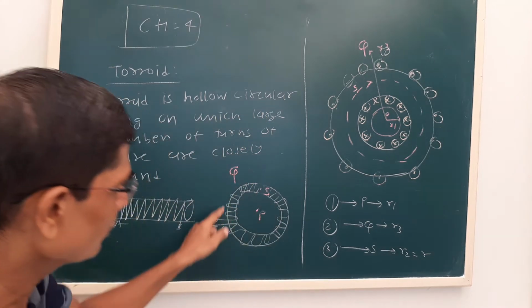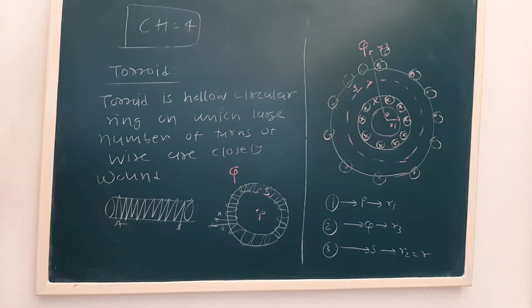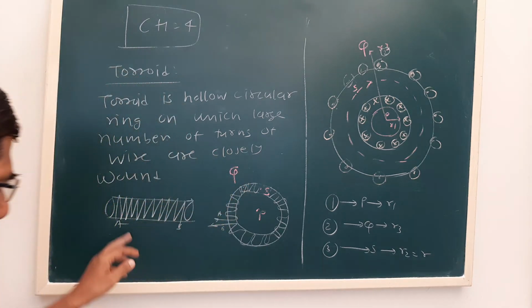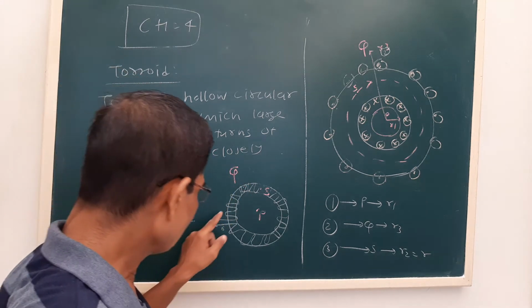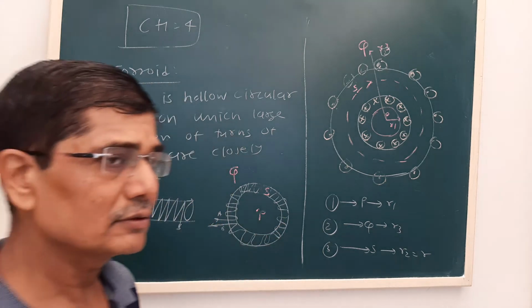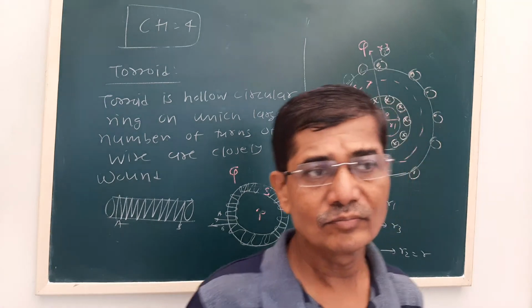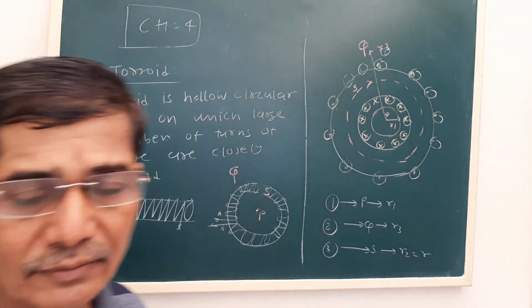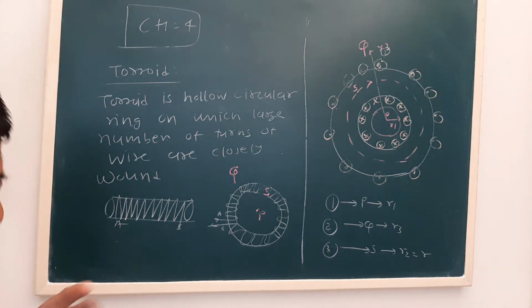Now this is our hollow circular ring, that will be also insulating or non-conducting. Now a large number of turns are closely wound on it. Just as in the solenoid, here also the turns are closely wound. Now by using Ampere's circuital law, we have to obtain the value of the magnetic field due to the toroid.